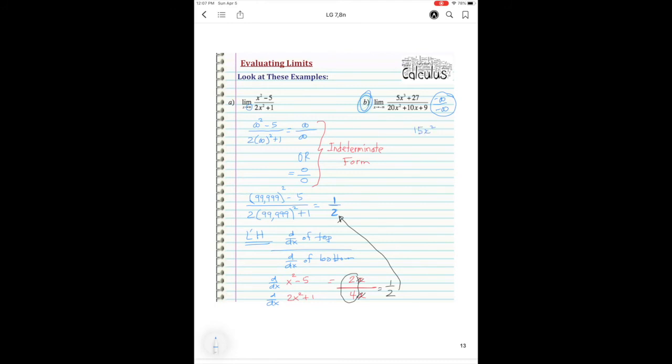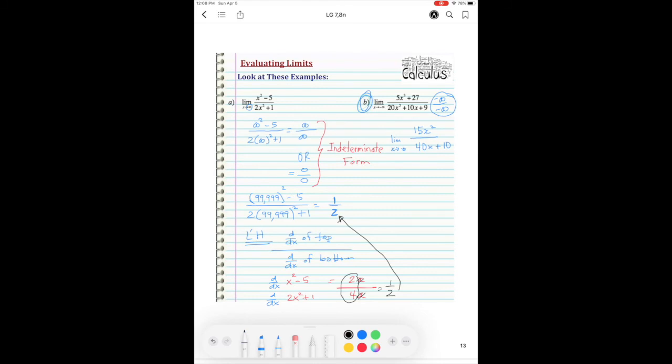So we get 15x squared as the derivative of the top. The bottom is 40x plus 10. Now, if we put the limit back in, you'll run into a problem here.